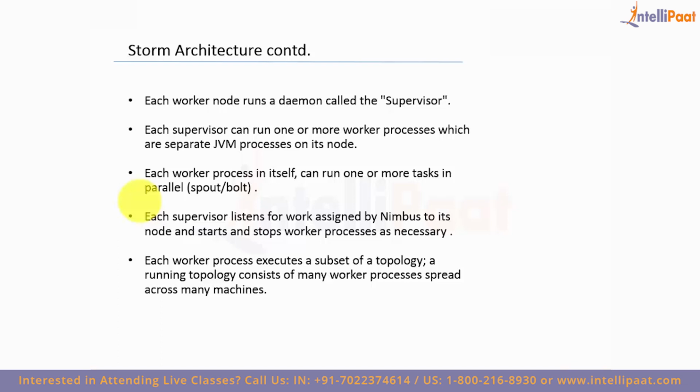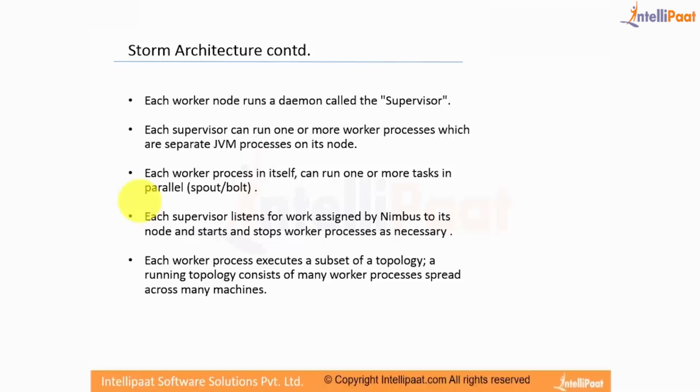So, each worker process can have multiple processes running, and the single supervisor is going to take care of them, which essentially are the JVM processes running in parallel on the same machine. In turn, each JVM process or worker process can have multiple tasks in the form of spouts and bolts.